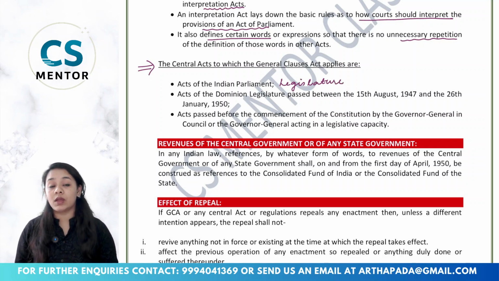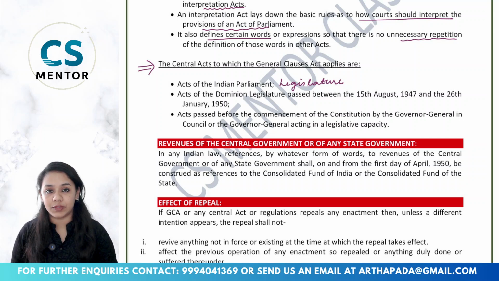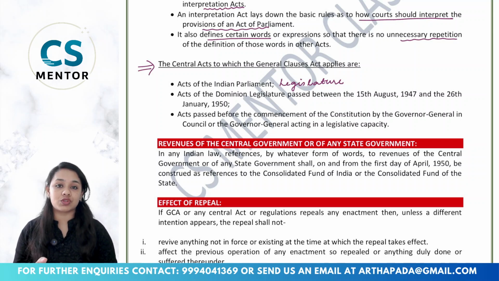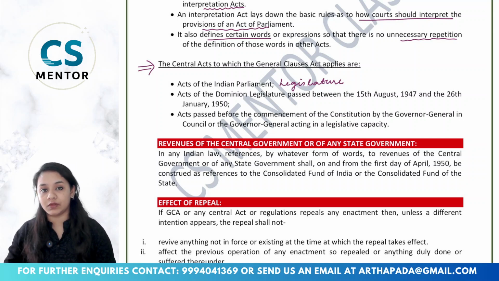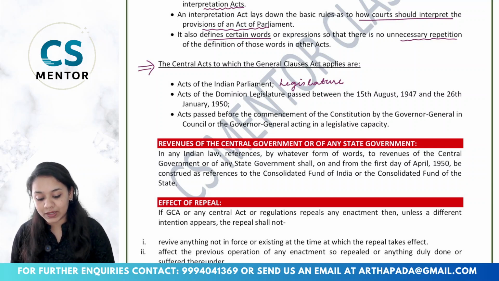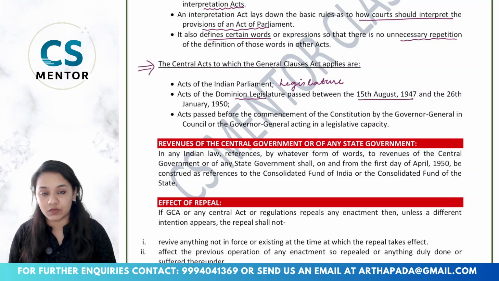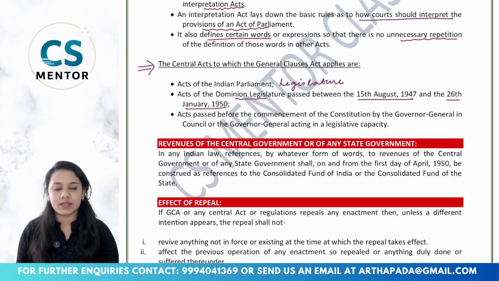Now, our parliament came into existence only when the constitution came into existence, and that is in the year 1950. So, what about all those laws that were passed prior to 1950? That is why they're saying any acts of the Dominion legislature passed between 15th August 1947 and 26th January 1950. What are these dates?